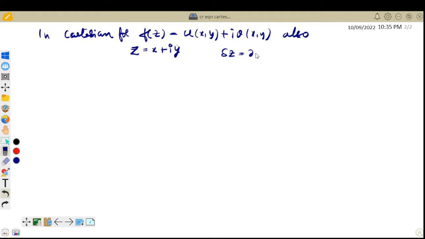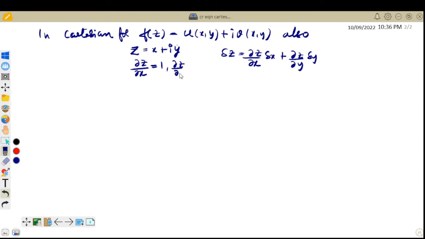Δz = ∂z/∂x Δx + ∂z/∂y Δy. Differentiating z with respect to x, you will get 1.